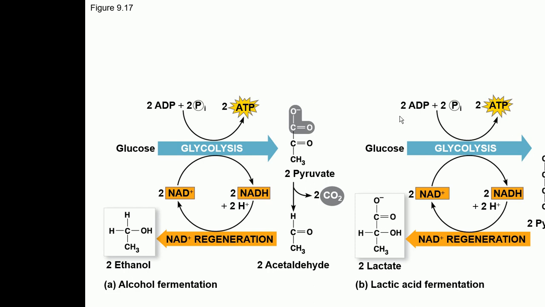In glycolysis, NAD plus gets converted into NADH, but in cellular respiration, NADH delivers its electrons to the electron transport chain in the inner membrane of mitochondria, and they eventually reach oxygen, and then NADH gets converted back to NAD plus, right?